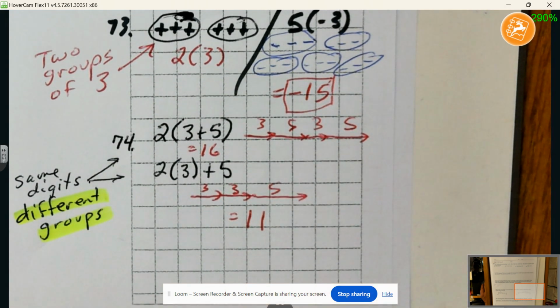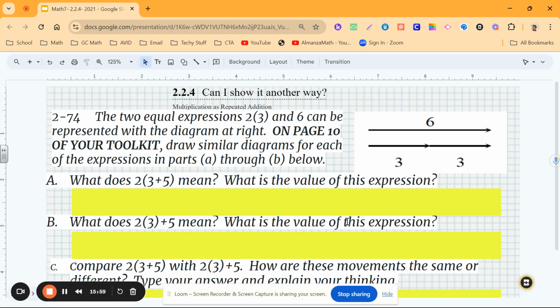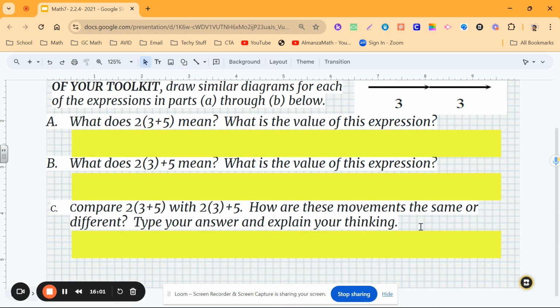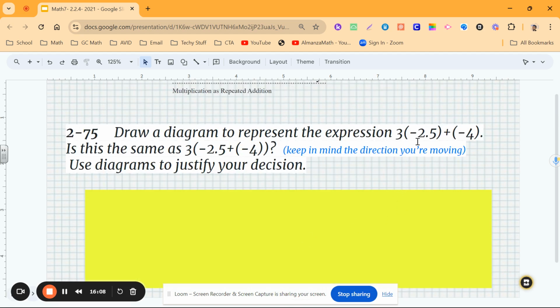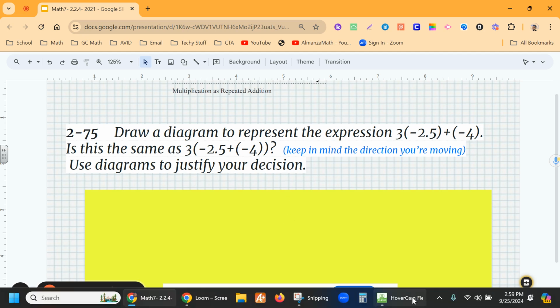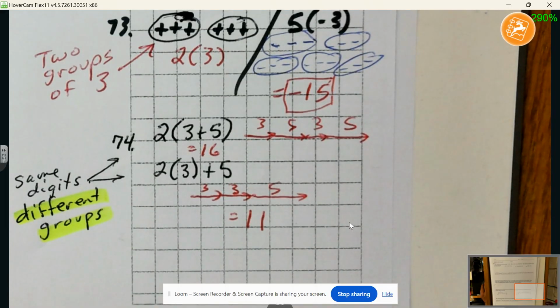Okay, so for this next part, we already compared and contrasted them, so now let's look at this part. So we have negative 3, and then this in parentheses, that in parentheses, and 3 like this. So let's go ahead and put that, and then we can talk about it. Okay, this is number 75.